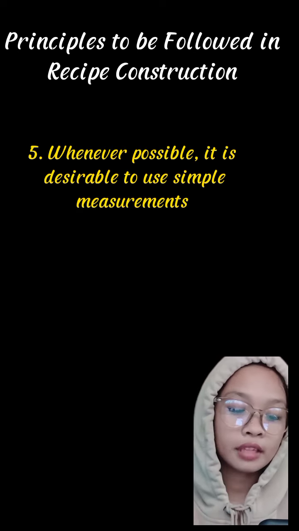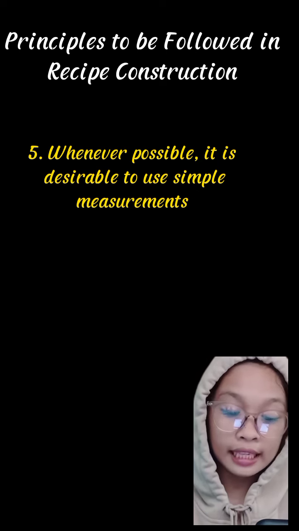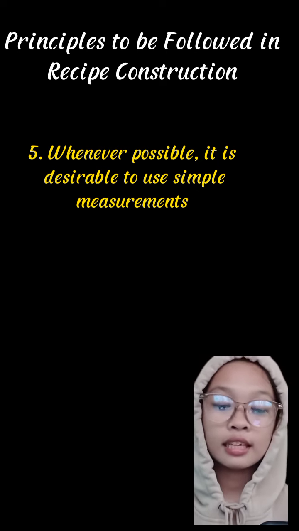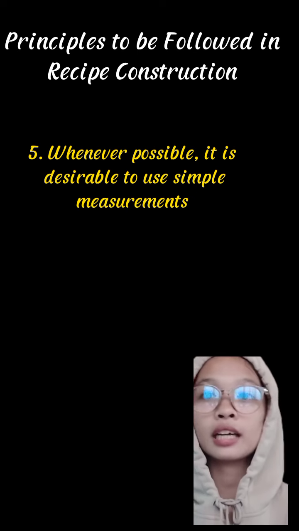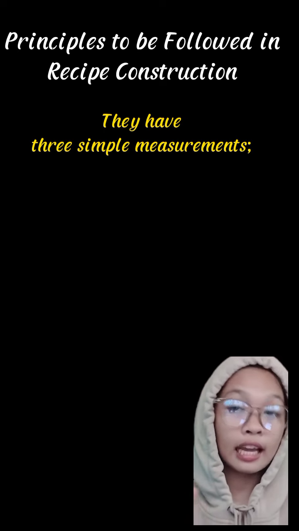Number 5, whenever possible, it is desirable to use simple measurements. Yes, kailangan din natin gumawa ng mga ganun. Kailangan simpleng pag-measure lang. This is the simple measurements. They have 3 simple measurements na nakalagay dito.